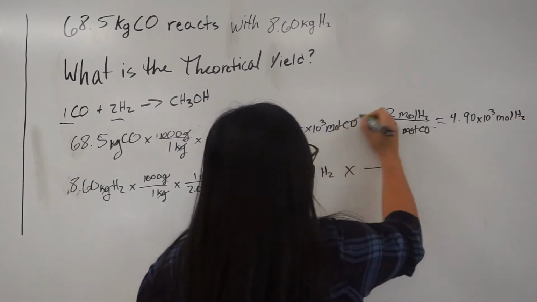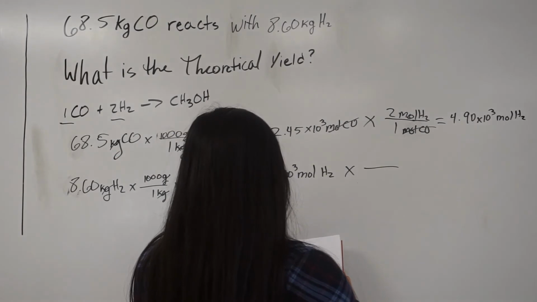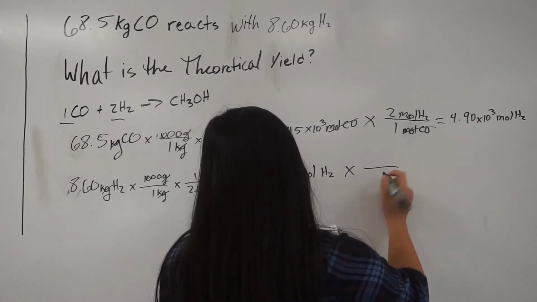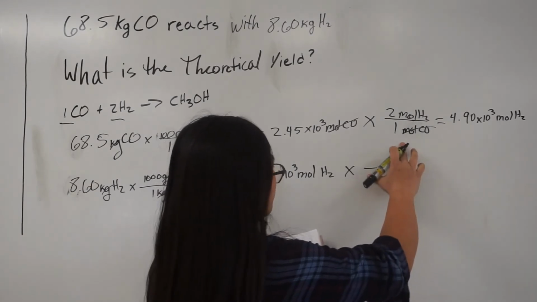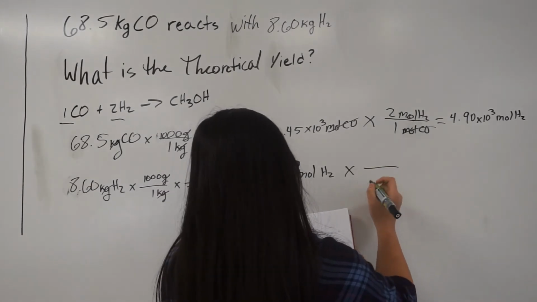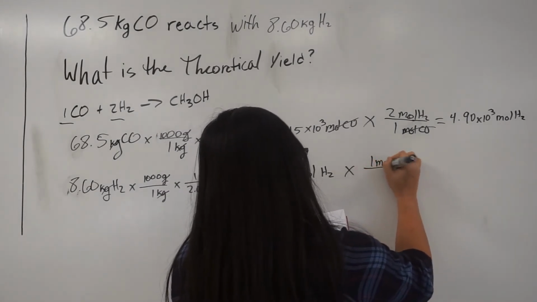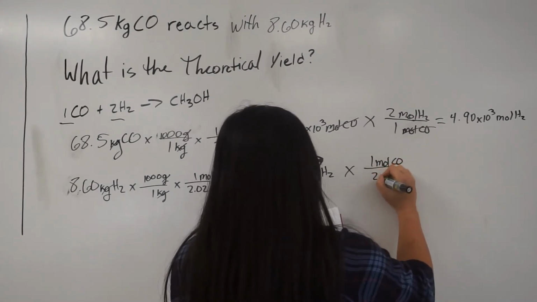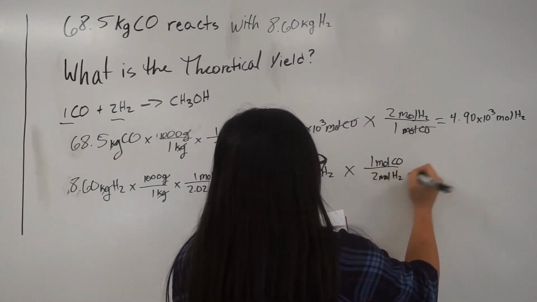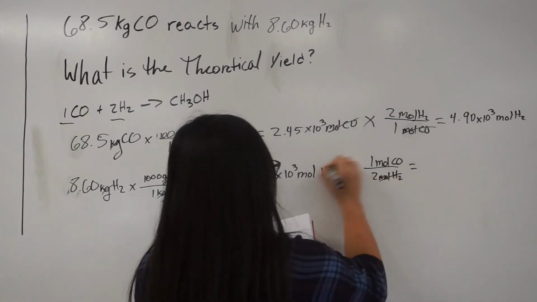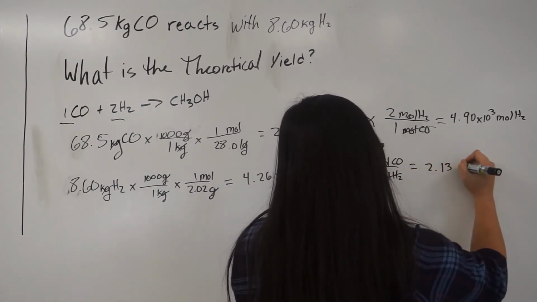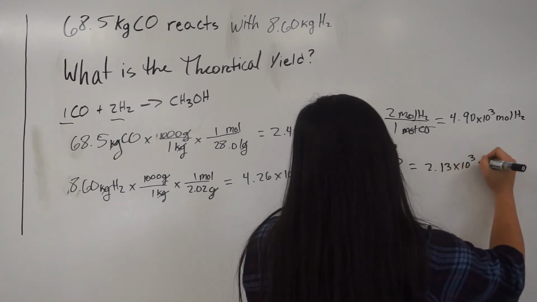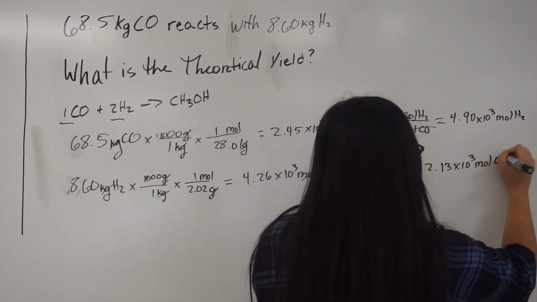So moles cancel out. Then you're going to do the same thing again down here, and you're going to reverse the fraction. It's going to be 1 mole of CO divided by 2 moles of H2. Again, they cancel out, and that's going to equal 2.13 times 10 raised to the third moles of CO.